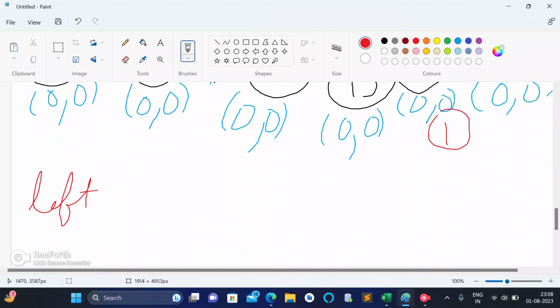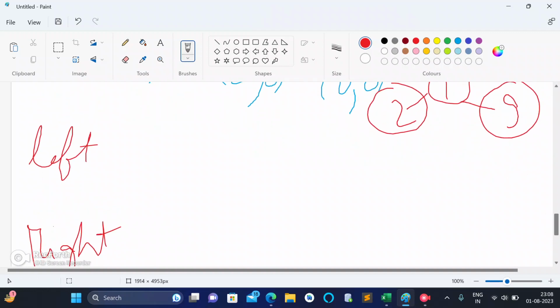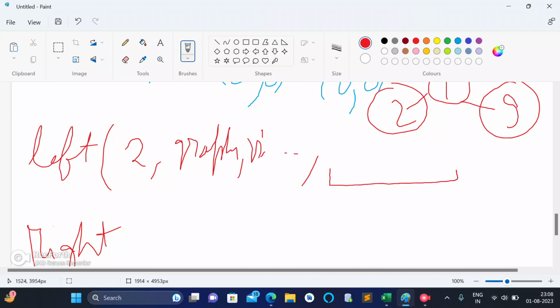When I see node 1, it has two children: on the left side the value 2, and on the right side the value 9. When I'm doing the recursive call on the left side, I will mark that the next child is 2, and I will mark graphs and all the things as visited.